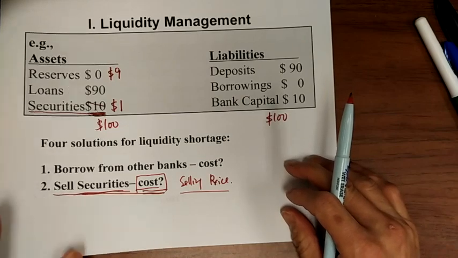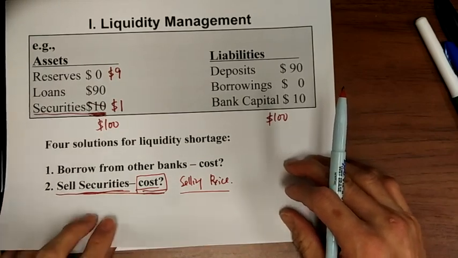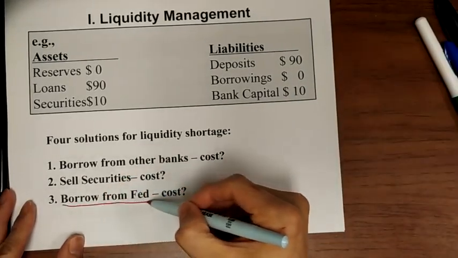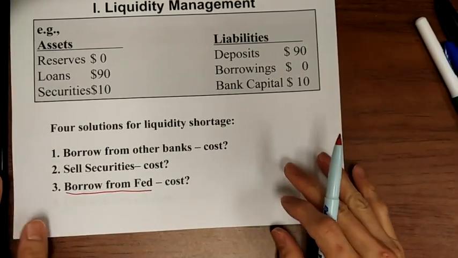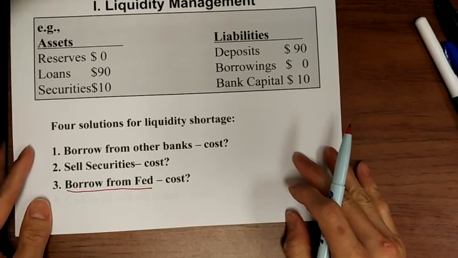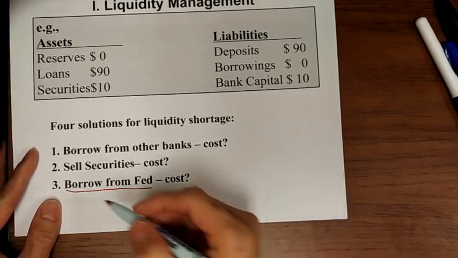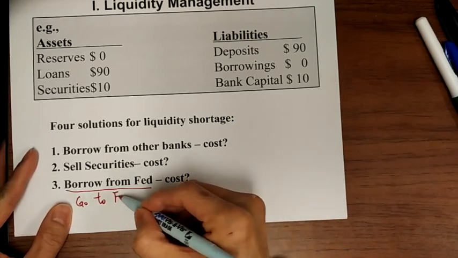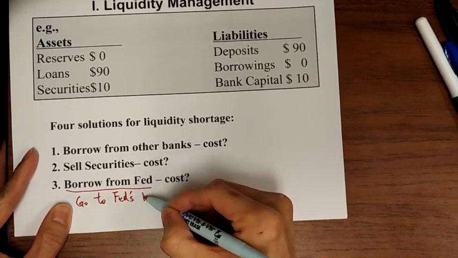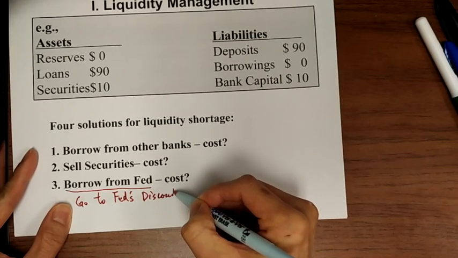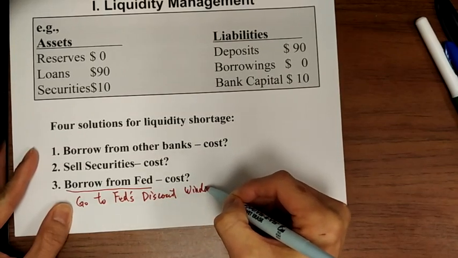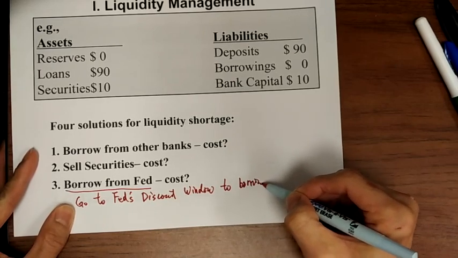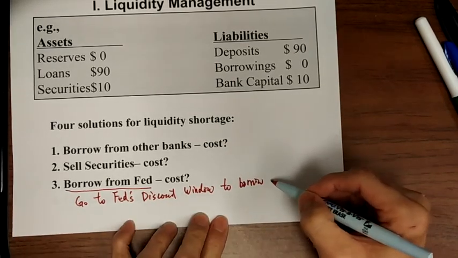The third solution for liquidity shortage is to borrow from the Fed. Where do you go to borrow from the Fed? The answer is you go to the Fed's discount window to borrow discount loan.